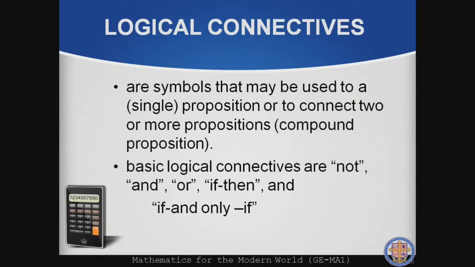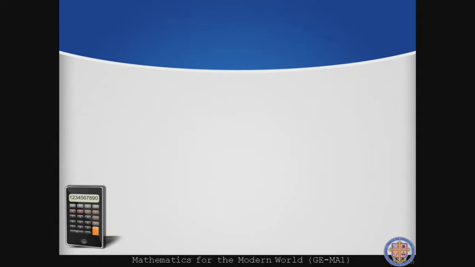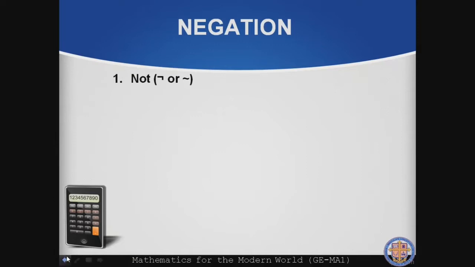So I'm going to discuss to you the 5 logical connectives one by one: the not, negation, and, conjunction, or, disjunction, if then, conditional statement, and if and only if, biconditional statement. Negation. The symbol that we're going to use for negation or not is this symbol like this.